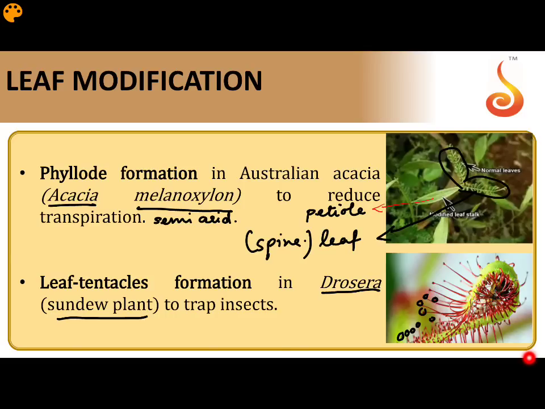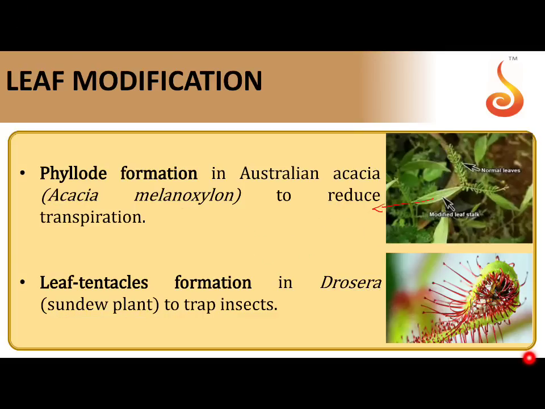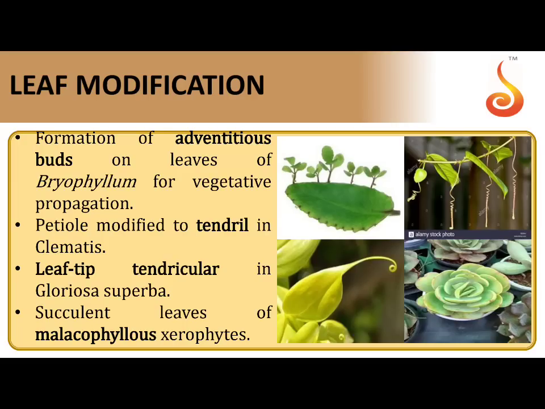Looking at this dew-like beautiful structure, reddish, greenish, very colorful, the insects come and get entrapped. Immediately the leaf entwines around it and digests the insect for the same purpose of extracting nitrogen, because again this plant grows in nitrogen-devoid conditions. I hope you have understood this also.